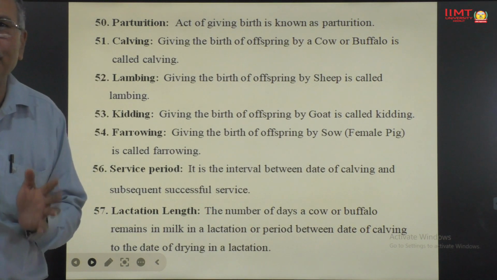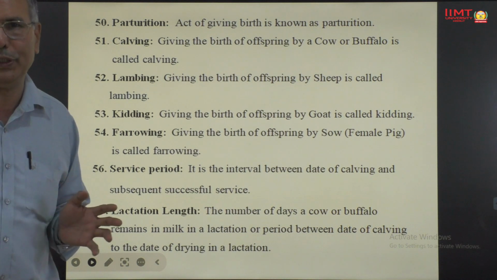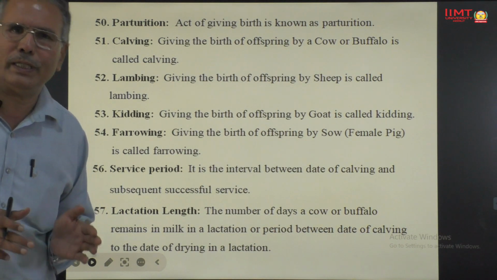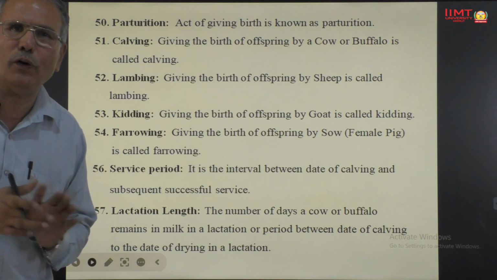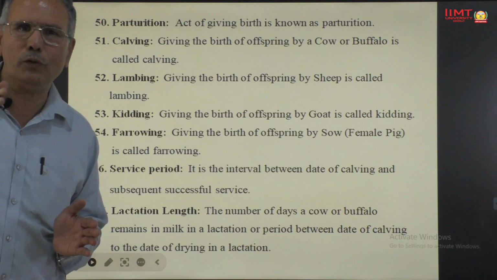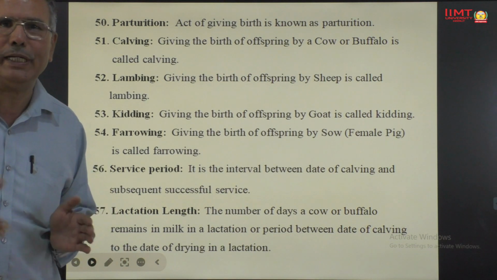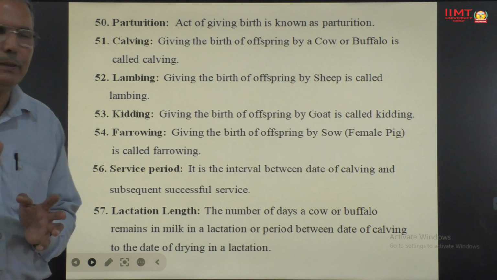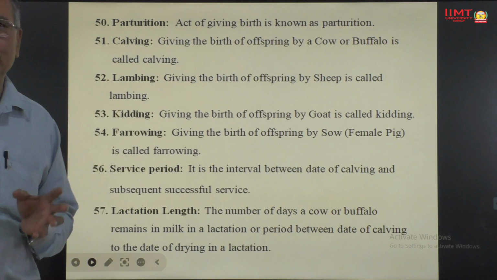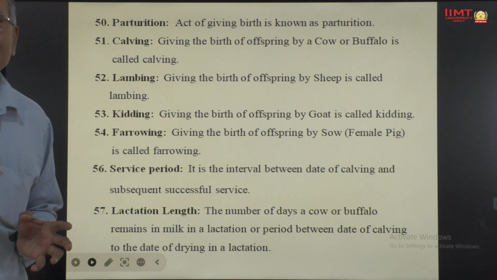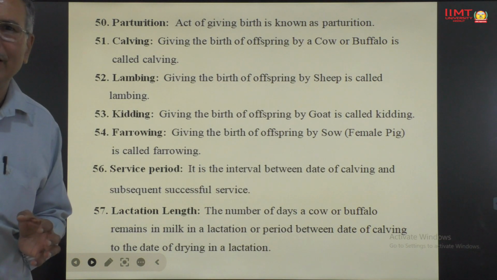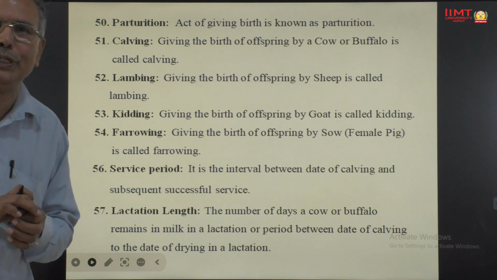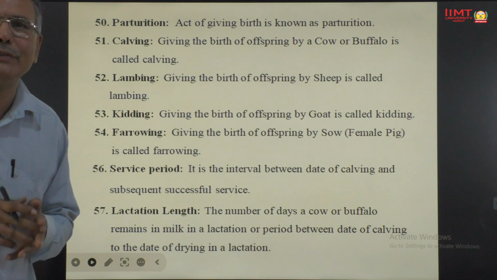Giving birth to offspring in the case of a goat is known as kidding, or in another word, the act of parturition in goats is known as kidding. What is farrowing? Giving birth to offspring by a sow or female pig is known as farrowing, or in another word, the act of parturition in a sow or female pig is known as farrowing.